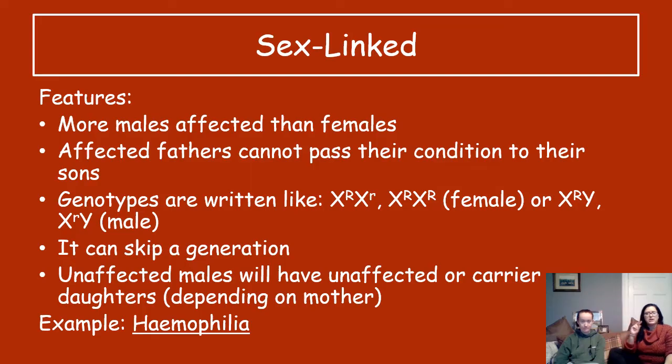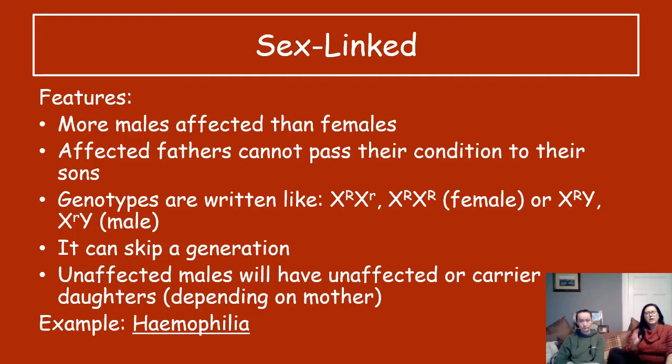Again, we're saying little r, but we just attach it onto the X chromosome. Males are written, again, with the X and the Y, but because the gene is not on the Y chromosome, we leave the Y chromosome blank. Nothing goes there. We don't put a 0, we don't put a little scribble, you put absolutely nothing next to the Y chromosome.